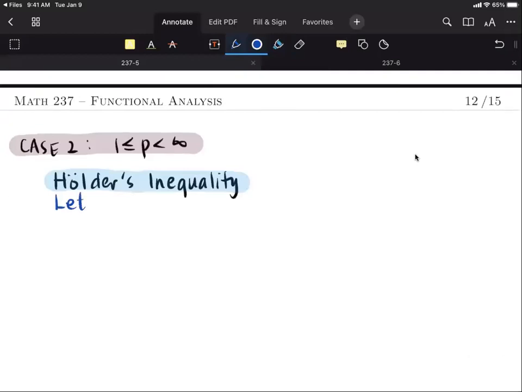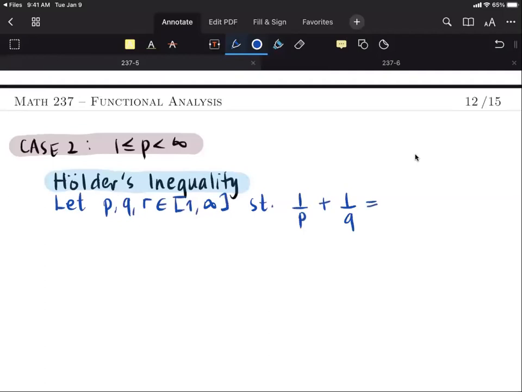Take three numbers, let's say p, q, r, from 1 to infinity, such that the sum of the reciprocals of p and q is equal to the reciprocal of r. Here, we follow the convention that 1 over infinity is equal to 0.